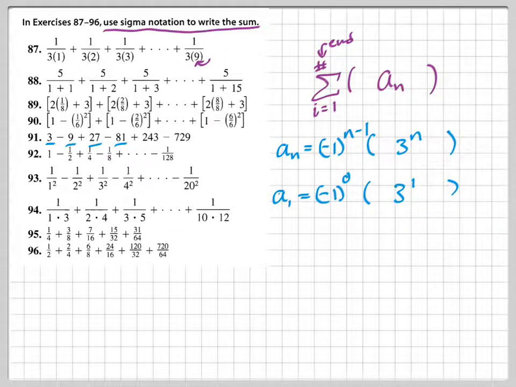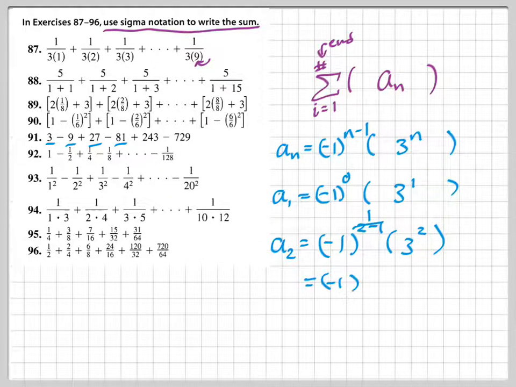That would definitely give us the first term. Then for the next one, I just want to test 2. Let's see if it works. We plug in 2, so it would be 2 minus 1, and then 3 to the second power. 2 minus 1 is 1, so that's going to be a -1. And 3 to the second power is going to be 9, so we get -9, which is exactly what we get for our next term.